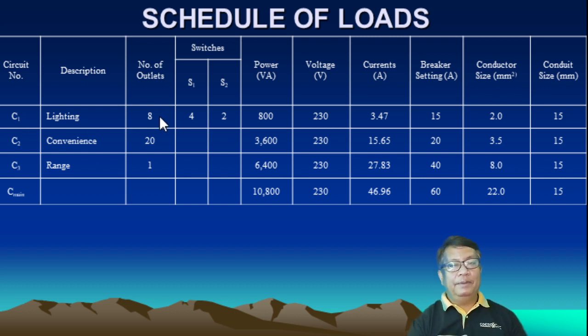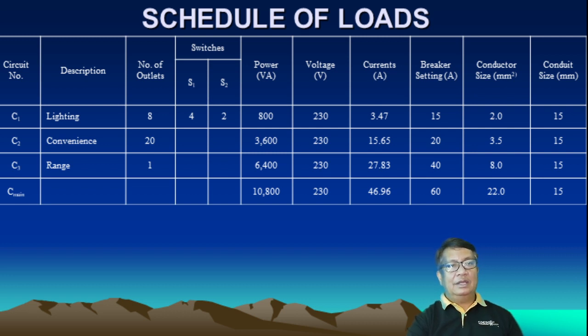According to the Philippine Electrical Code, for every lamp outlet, remember this one, you have to assign 100 watts. So that is why we have this 800. We have 8 outlets, 100 watts per outlet. Remember this one. Every lamp outlet is considered as 100 watts.